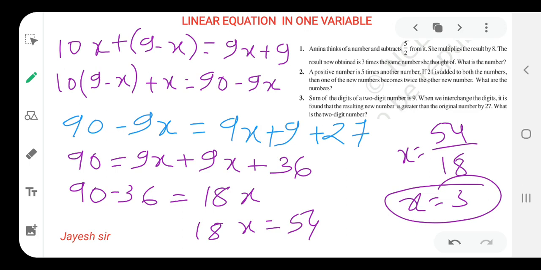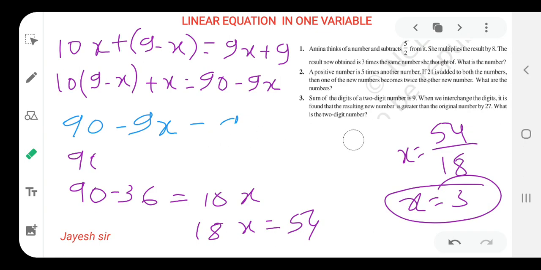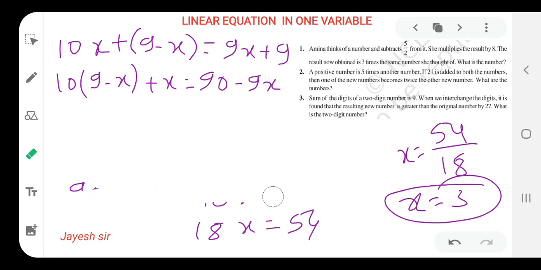Yes friends, we assumed two numbers, one number was x and the other number was what? I am erasing over here so that we can solve it and get the number. So we'll put in the first equation.